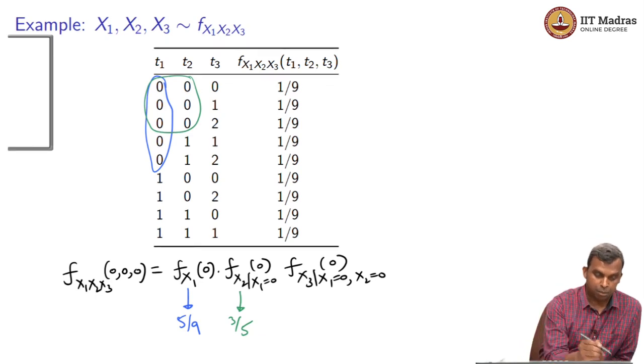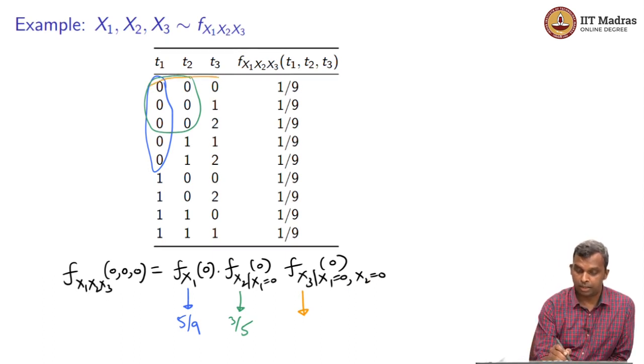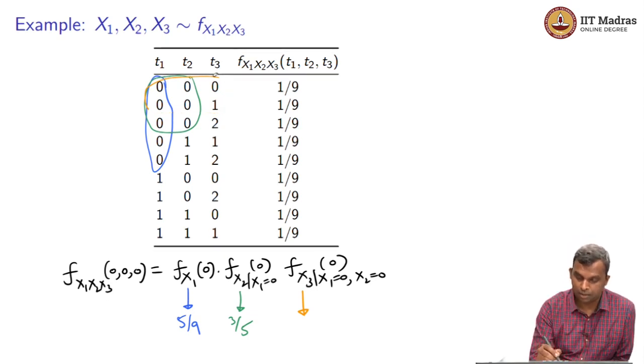And then let me pick my third color for this. x3 given x1, x2 is 0, and that is just, yeah, I think it's this one. Yeah, I'm sorry, I think I missed this. There are 3 cases here, and then this is the favorable case.